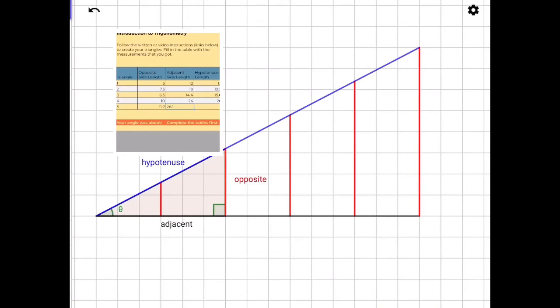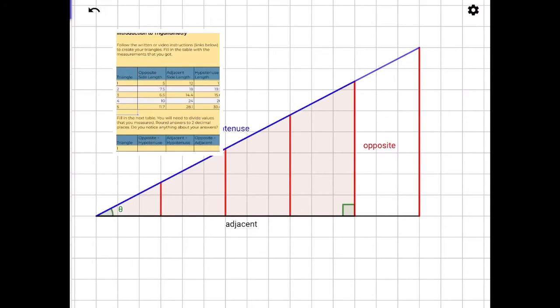When you've got each of the 3 measurements for all 5 triangles recorded in your table, you will notice that a new table appears on the spreadsheet. This allows you to record some divisions that you are going to do next. In the first column, you should divide the opposite value by the hypotenuse for each triangle.